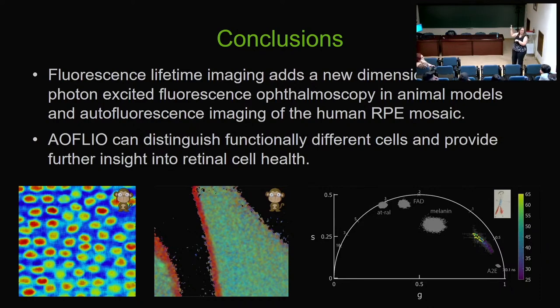I'm not going to tell you the absolute concentration of A2E versus melanin, but the relative concentration between things shifts things within fluorescence lifetime space, within the phasor space. And so what we think is happening is as it's getting older and you're shifting towards the left, there's more and more contribution from melanin fluorescence than the A2E fluorescence. Now with a couple of caveats: A2E is only one constituent of lipofuscin. So one of the things we'd like to add to this are more constituents of lipofuscin.